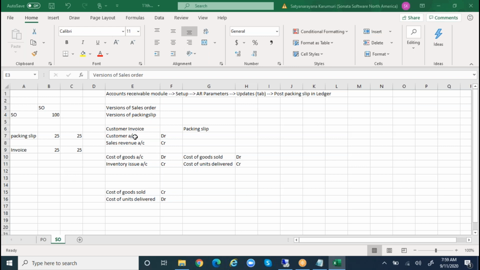Except the customer account, all accounts are in the item group. It is important. In the same manner for purchase order, in the purchase order also, all the ledger accounts are mapped in the item group except the vendor account. The vendor account and customer account are available in the vendor posting profile and customer posting profile.